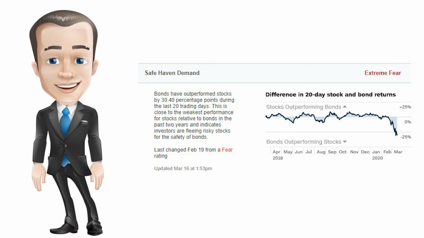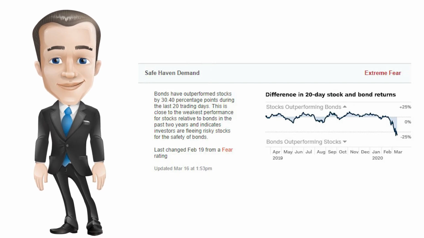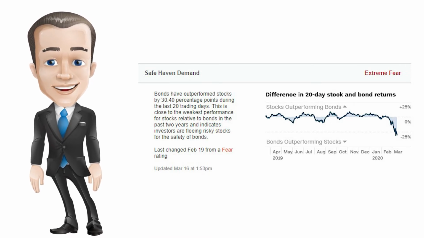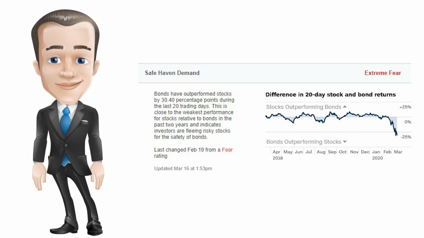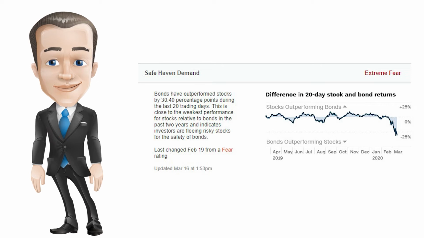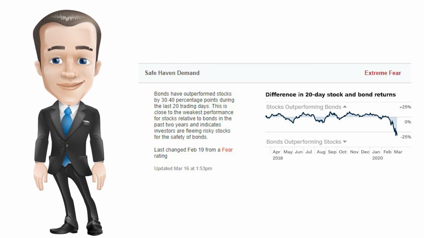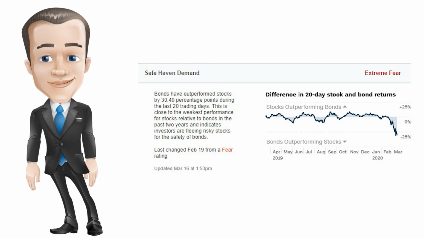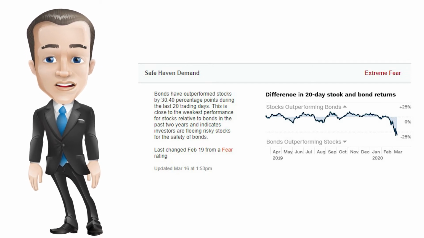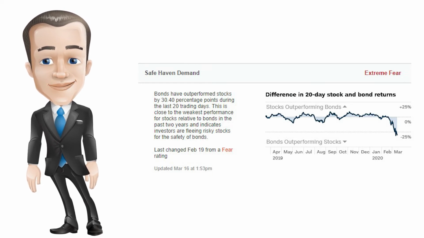This is close to the weakest performance for stocks relative to bonds in the last 2 years, for 2020, which indicates people are fleeing stocks and going for the safety of bonds. It went from fear to extreme fear. So, by just tracking this one indicator, it will give you a very good indication of when new bull markets and new bear markets are starting.